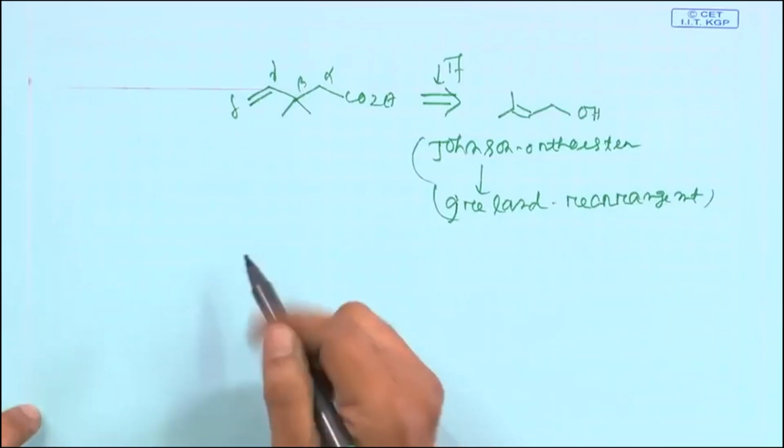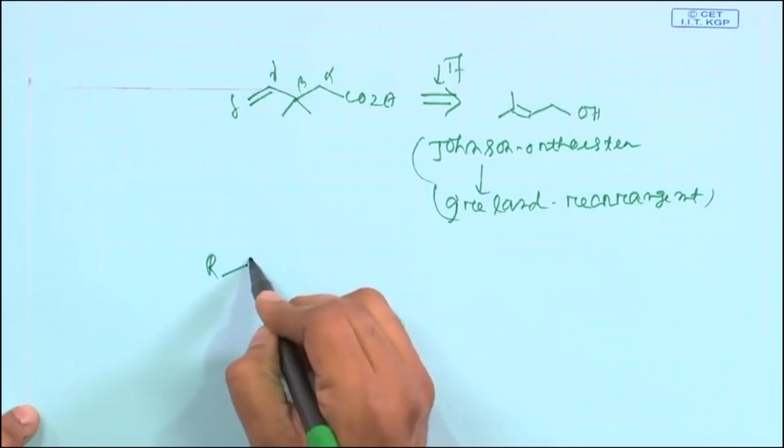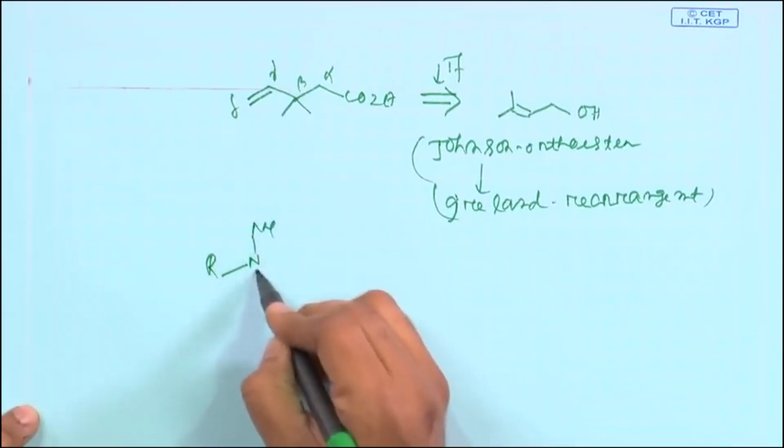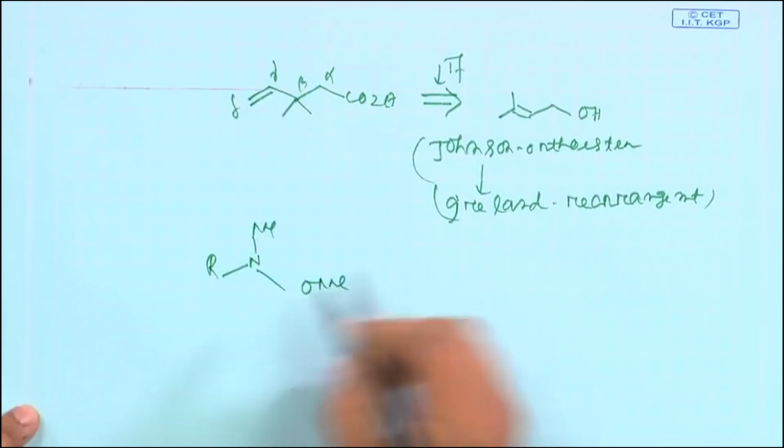So, esters are highly reactive, so you try to reduce the reactivity of the ester by converting the ester to the corresponding amide, and this amide which we used is a Weinreb amide, having an OMe group. This OMe group basically helps.